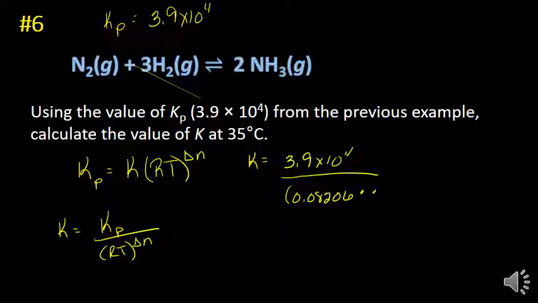Thank you. Raised to. Now, the delta n is the sum of the coefficients, products minus reactants. So that'd be 2 minus 4. So that's to the negative 2.